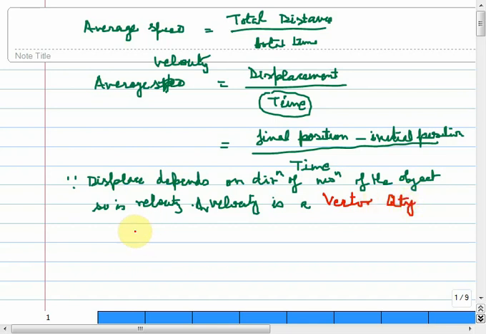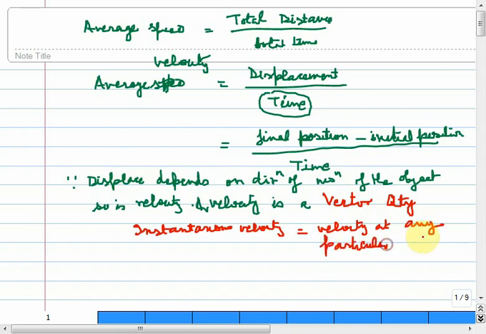Similar to instantaneous speed, there is a notion of instantaneous velocity. It is velocity at any particular instant. We will not define the mathematical equation of instantaneous velocity because you require knowledge of calculus. So we will not define instantaneous velocity.